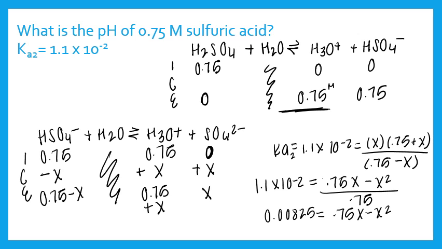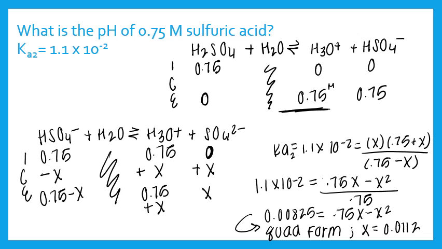And then we will plug this into our quadratic formula. After we do that, we get our x, and the only x that makes sense is x equals 0.01112 basically. So we can plug that back in.